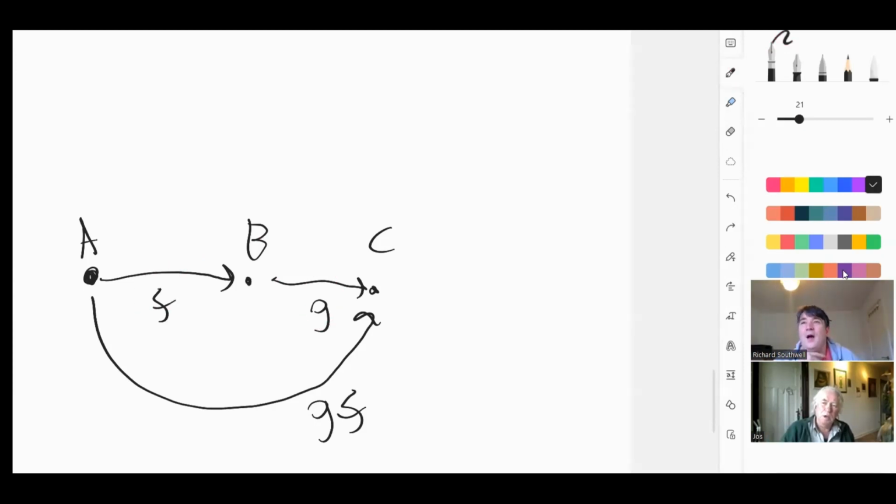There is an alternative notation sometimes people use. Normally we do G after F, people write it like this, and this circle here means after.